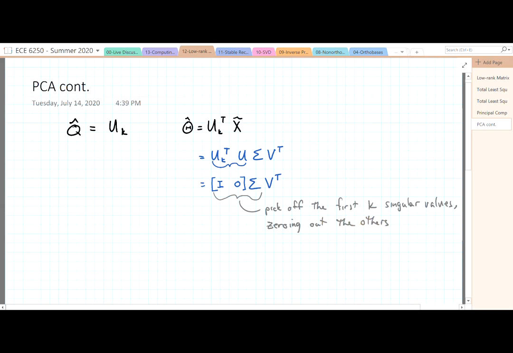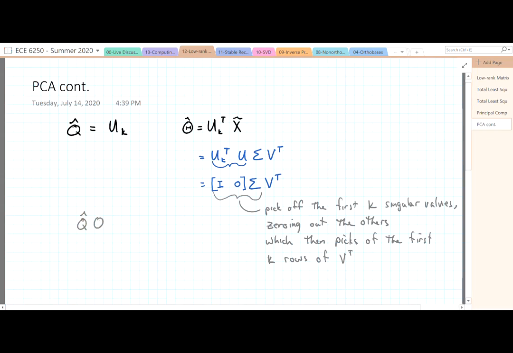Which will then kick off the first k rows of V transpose.